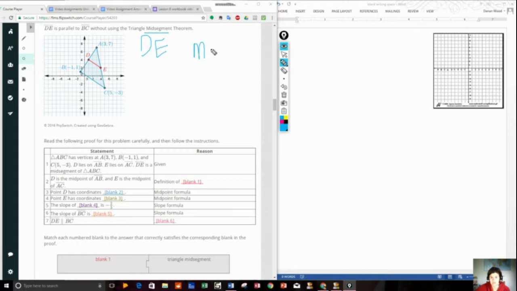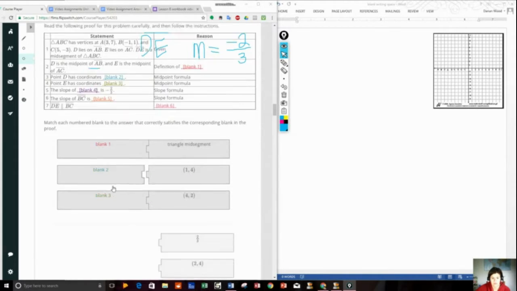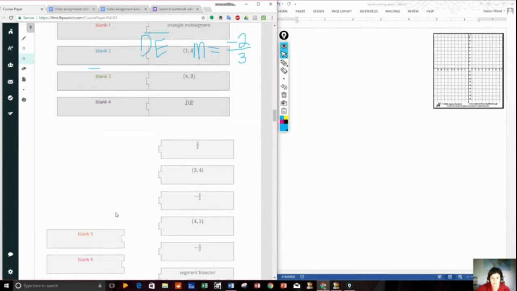For segment DE, from D to E, the rise, our vertical distance, is 1, 2, and I went down, so it's negative, and the horizontal distance is 1, 2, 3. So it is in fact -2/3, and so line segment DE is our blank 4.